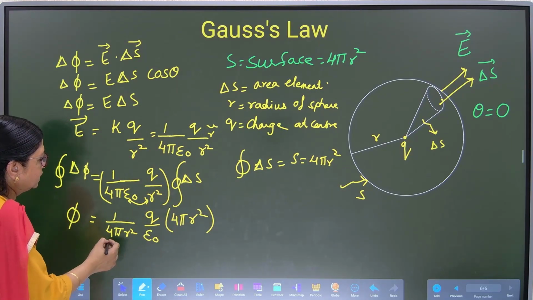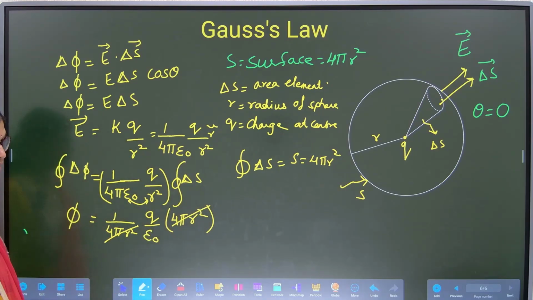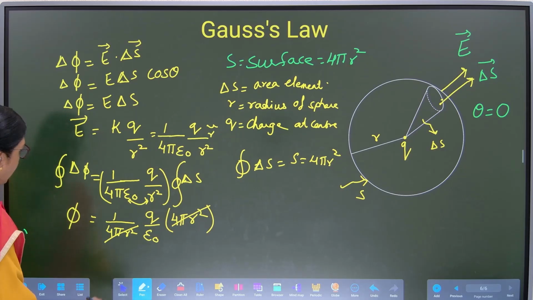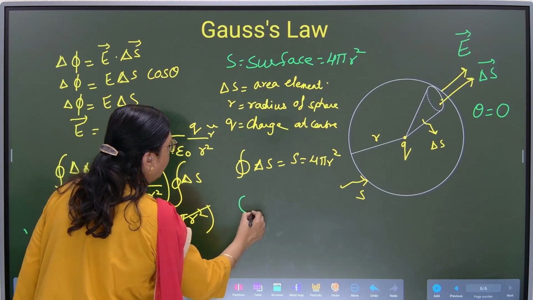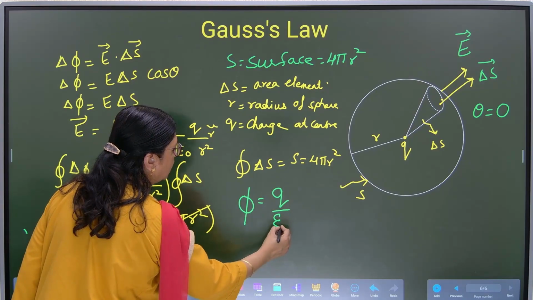So now it is seen clearly, this portion and this portion I can cancel. So what do I have? I have phi is equal to Q upon epsilon naught.